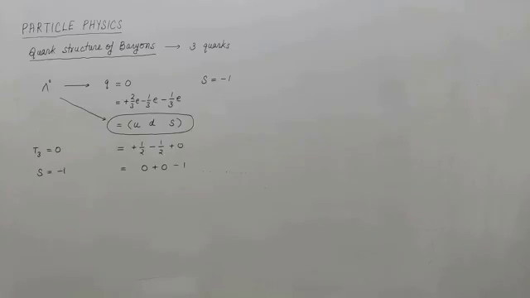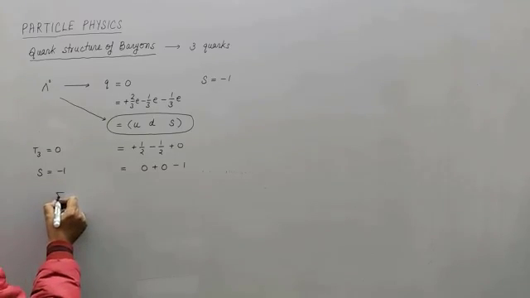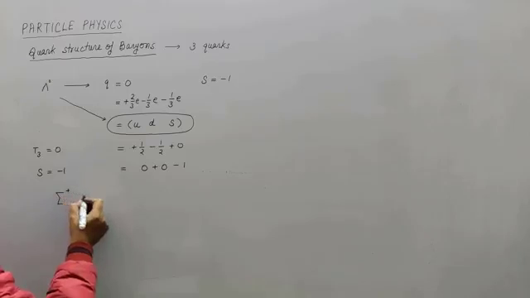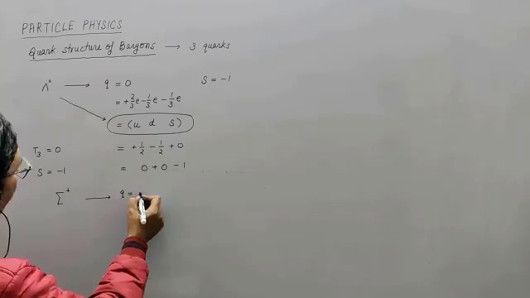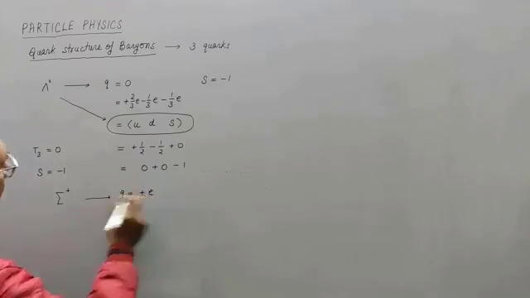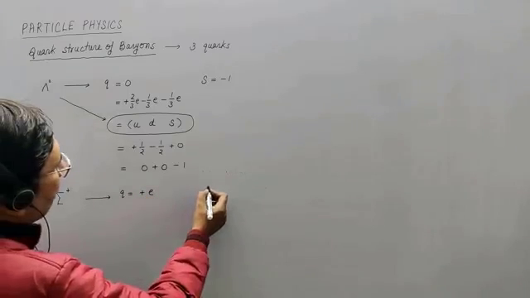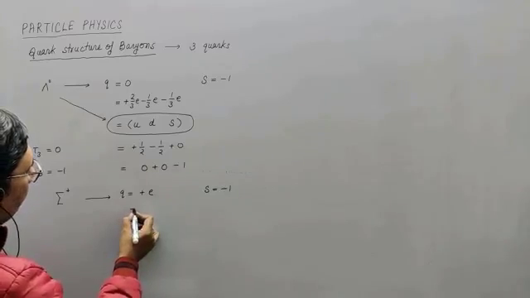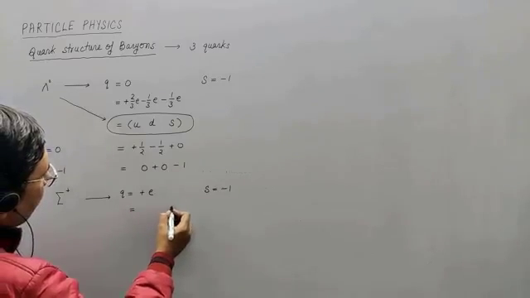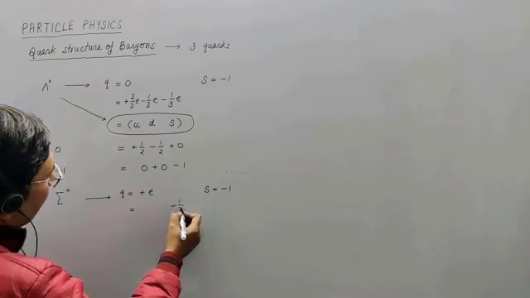Come to sigma plus. How can sigma plus be formed? Sigma plus, how much charge does it have? This is plus e. Strangeness number is minus 1. Because this is minus 1, one of the particles is S. So this will be minus 1 by 3e.